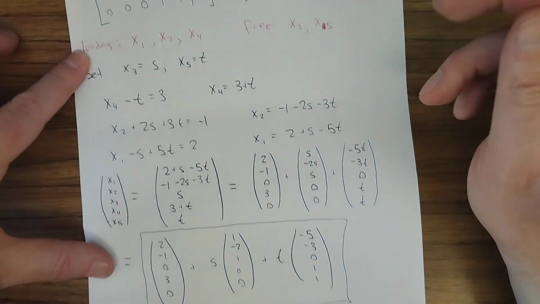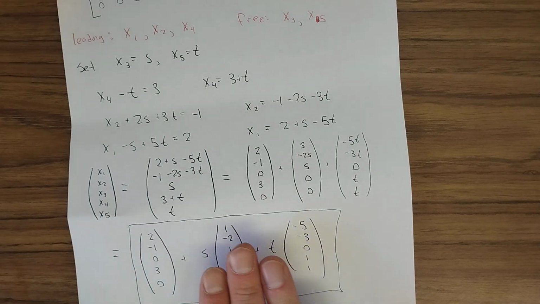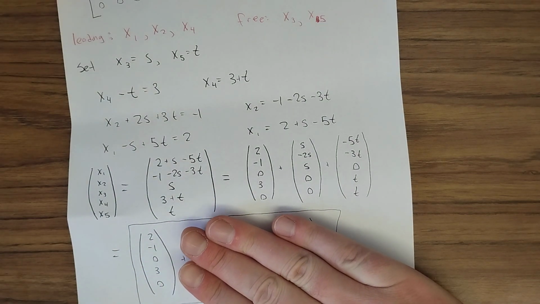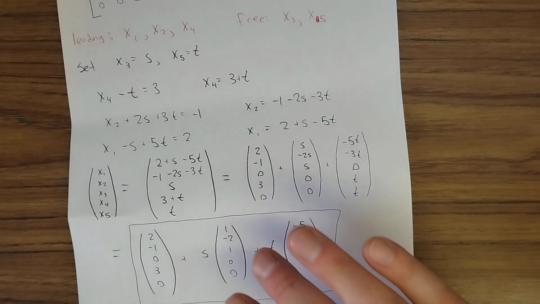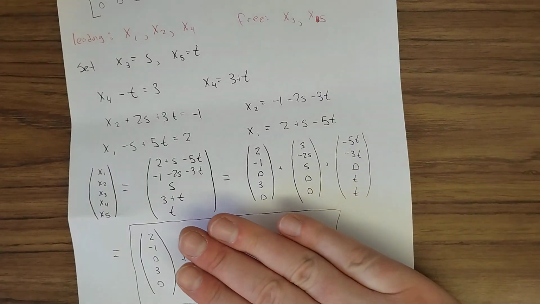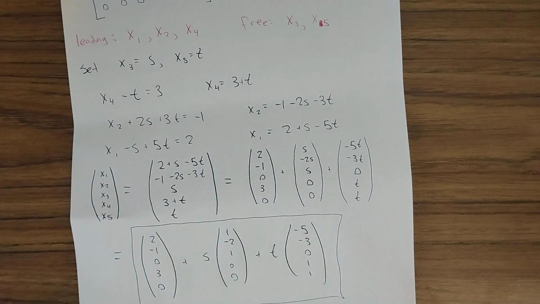Maybe an easier way of seeing it is that this is just what we get by setting s and t equal to 0. I'm supposed to be able to set s or t to whatever I want, and it's supposed to give me a solution. So setting them both to 0 is valid. That's another way of describing why this is a particular solution.